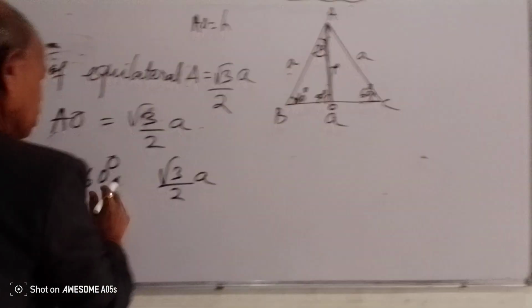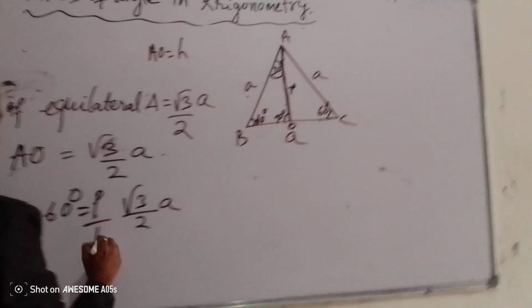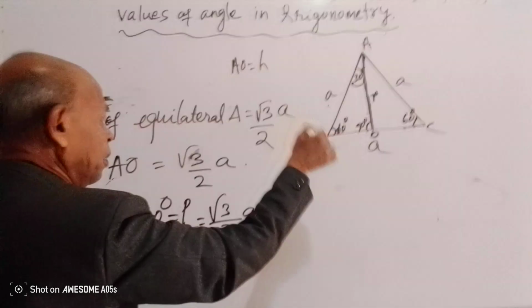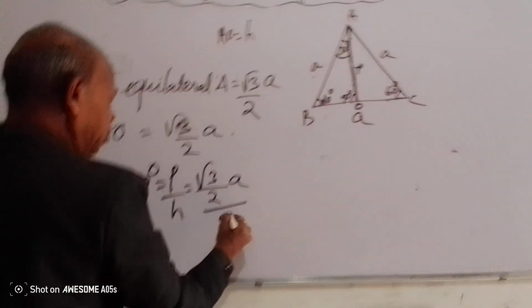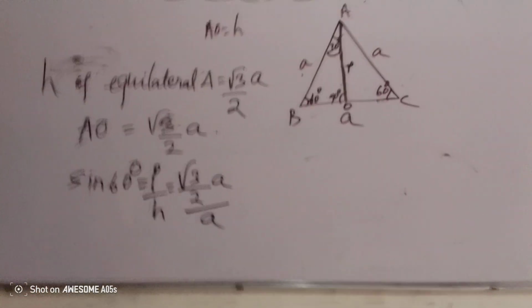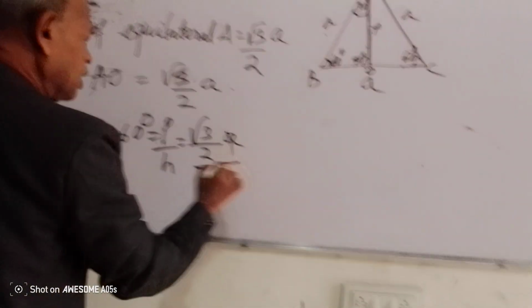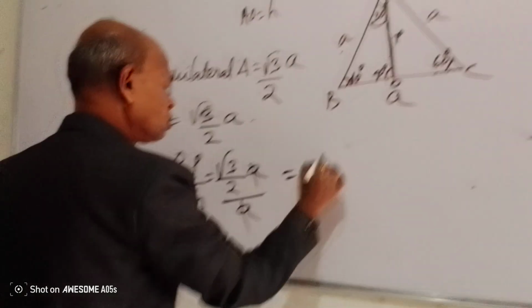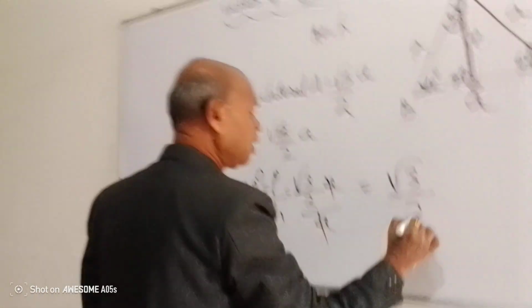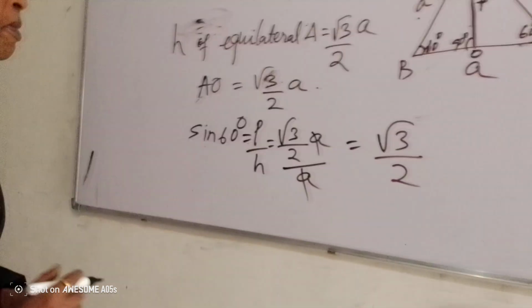This is P by H. So P is the height of the triangle, root 3 by 2 a, and your hypotenuse is equal to a. So a cancels, and your sin 60 will be root 3 by 2.